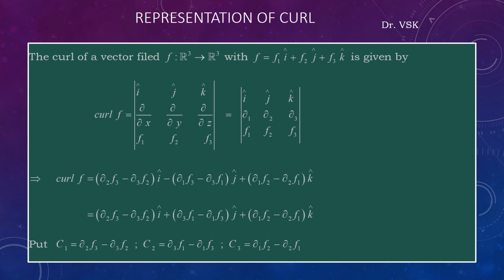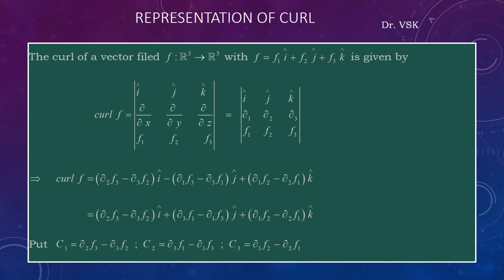Here we have the i cap coefficient, the j cap coefficient and the k cap coefficient. They are the components of the curl F. Let's represent the components of curl F by using the symbols C1, C2 and C3.